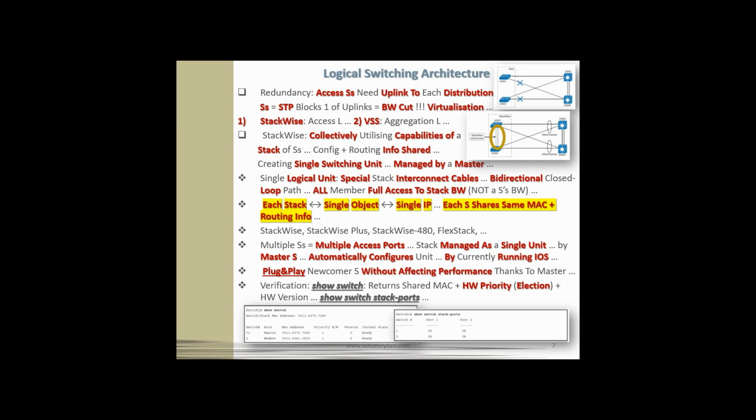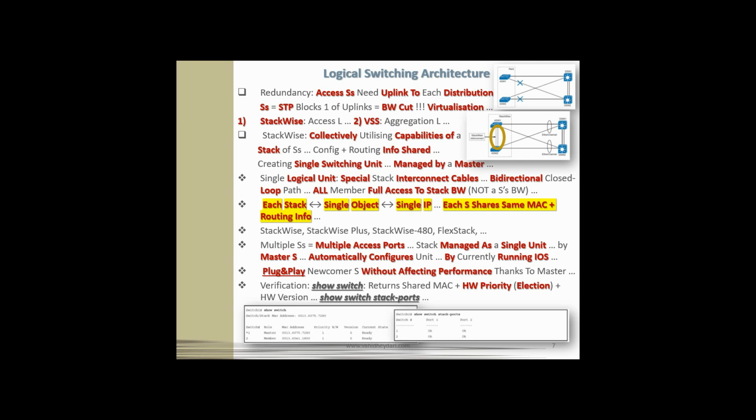And this is doable thanks to special stack interconnect cables. These special cables create a bidirectional path over which network topology and routing information can traverse. So network topology and routing information is updated continuously through the stack interconnection.